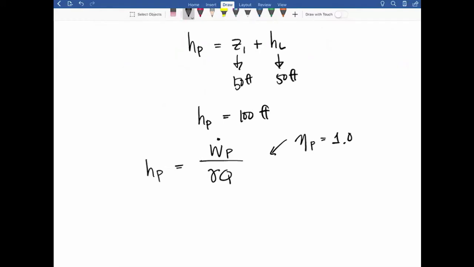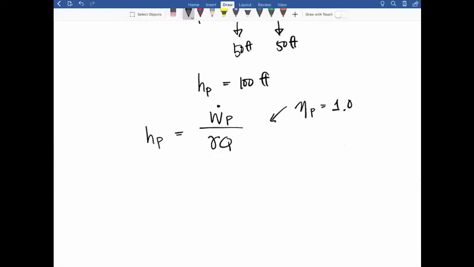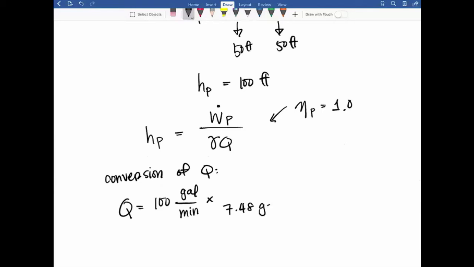So let's do a quick conversion of Q. Q is 100 gallons per minute, and we're going to convert this to cubic feet per second. So I have 7.48 gallons in 1 cubic foot, and in 1 minute, we have 60 seconds.